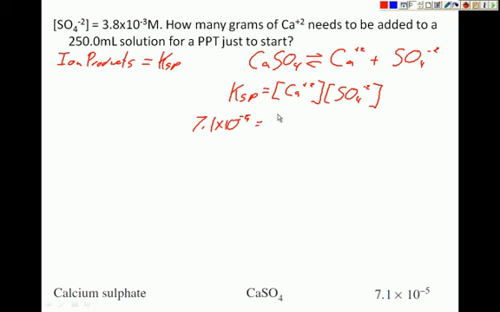And that's going to equal our concentration of calcium. And we're given our concentration of sulfate, which is 3.8 times 10 to the minus 3. We solve for calcium, the concentration of calcium.